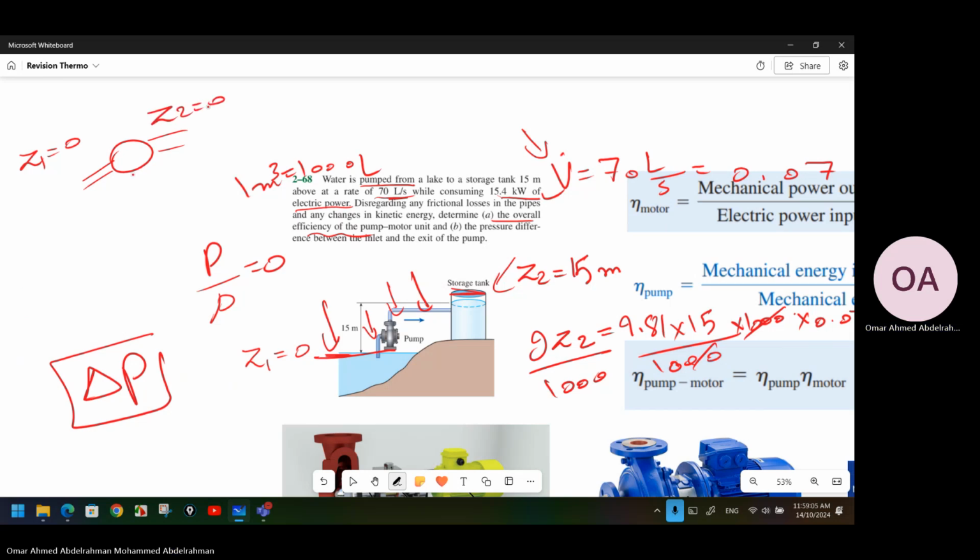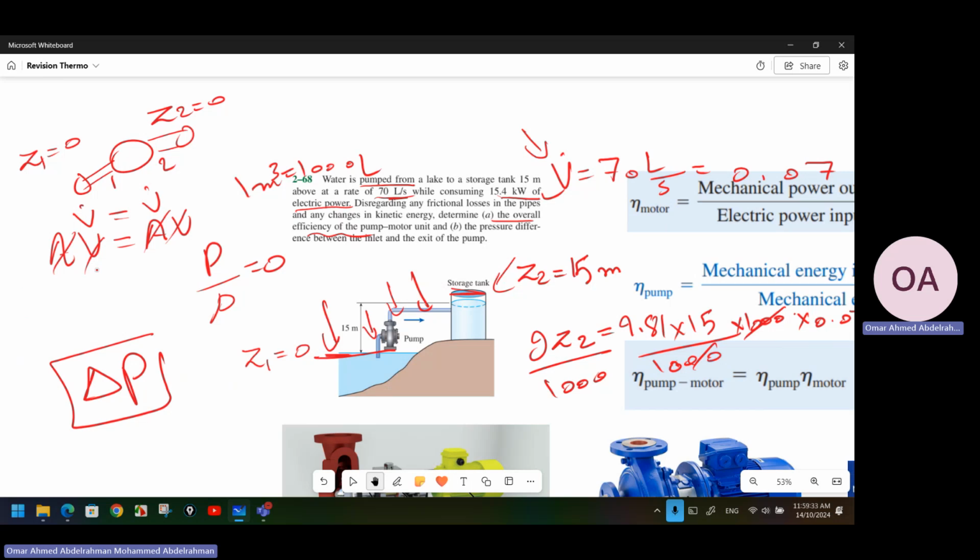This one is state 1, this one is state 2. The kinetic energy, there is kinetic energy, but we will assume it is also small. There is a lot of assumption because usually for the pump, we will assume that the area is constant for the inlet and the outlet. Since the area of the inlet and the outlet are the same, and the volume of fluid itself is the same, that means that the velocity is the same.